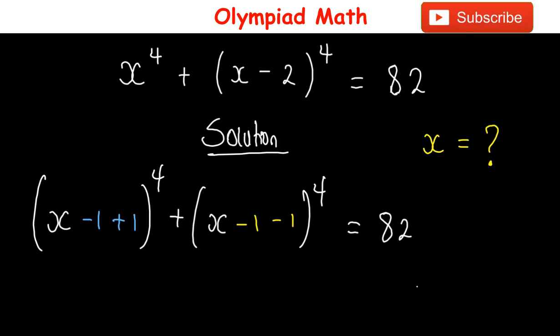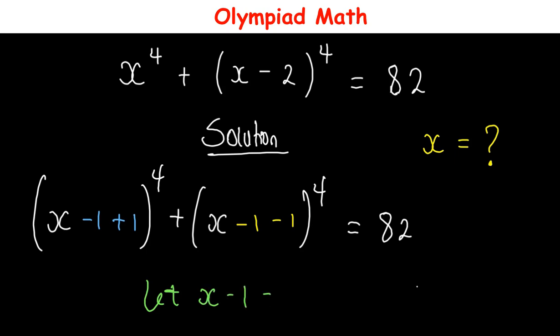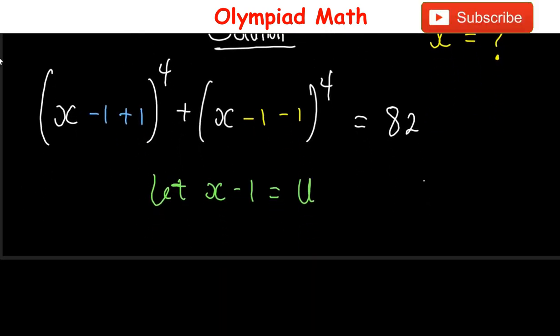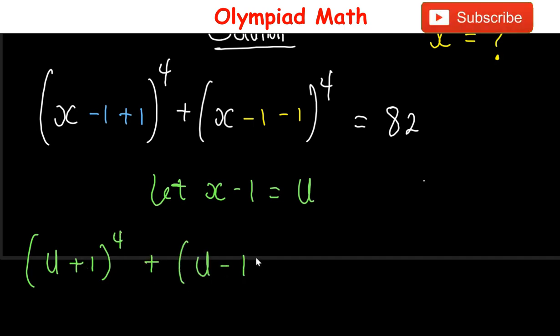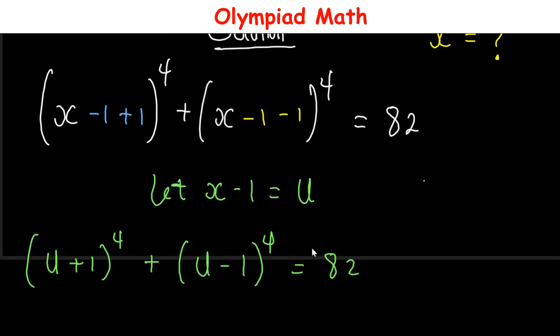At this junction, let x minus 1 equal u, such that this equation becomes (u plus 1) all raised to power 4 plus (u minus 1) all raised to power 4, and this equals 82.